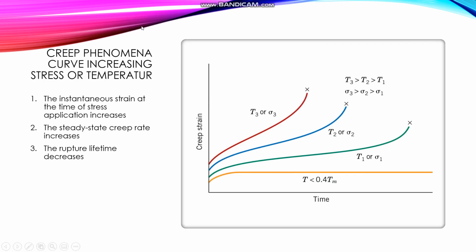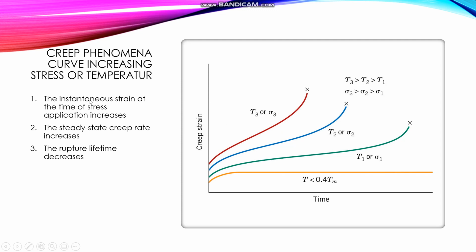Next, we have the creep curve with increasing stress versus increasing temperature. At a temperature substantially below 0.4 Tm, which is the yellow line here, the strain is virtually independent of time. As for the green, blue, and red lines, there are certain things that must be noted.